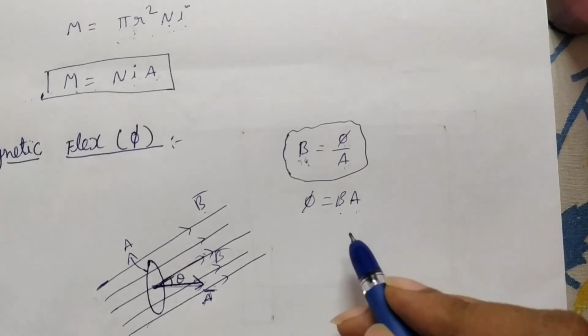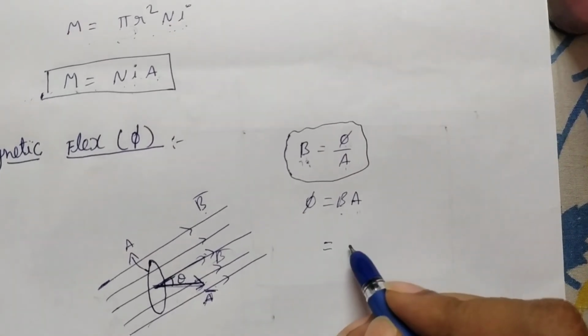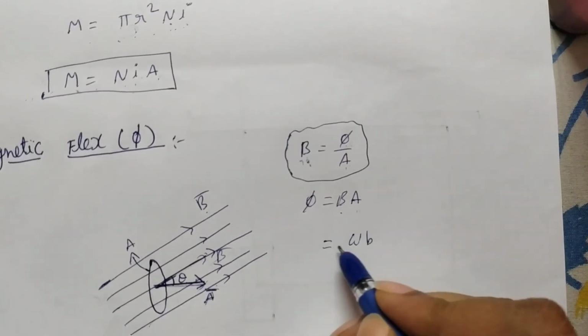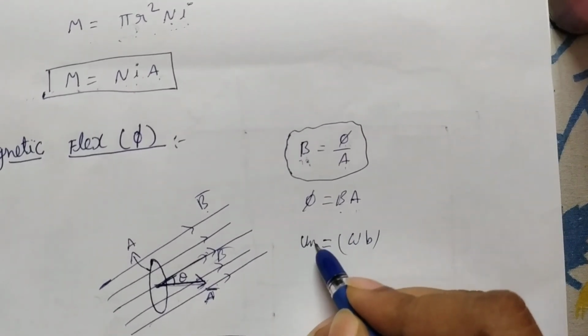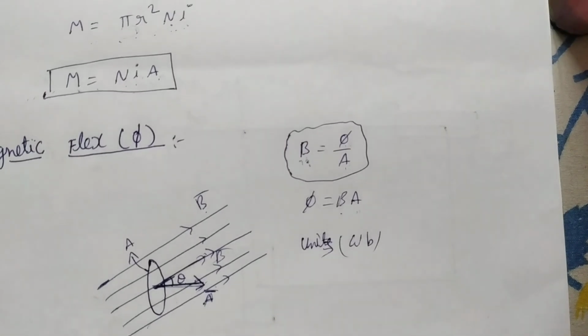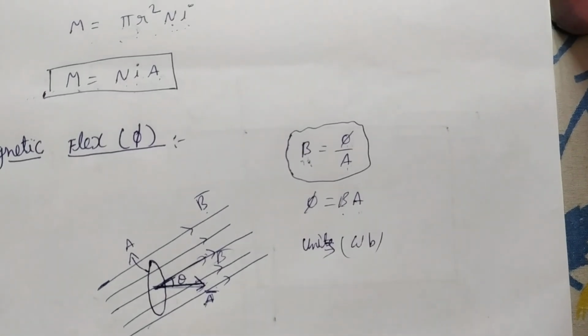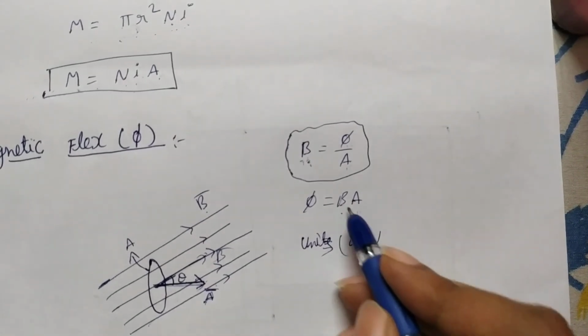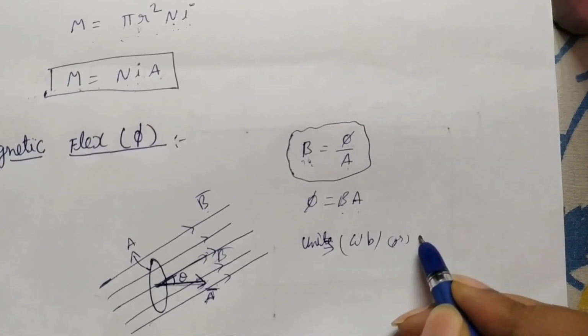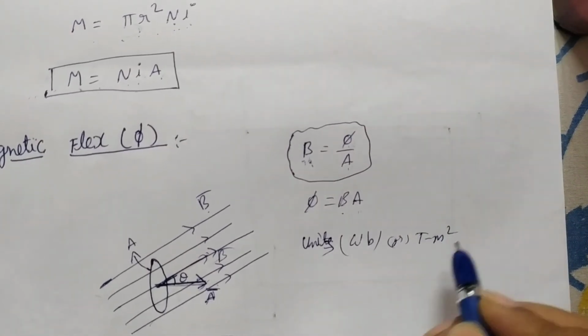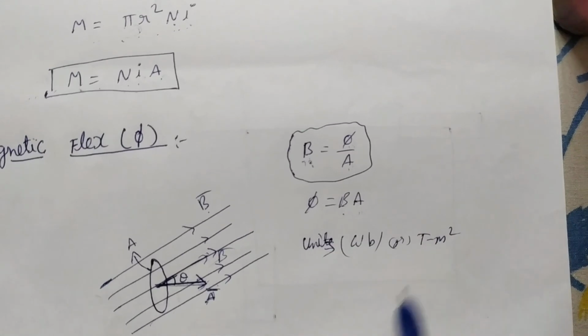And the magnetic flux units are Webers. So we can write B is in Tesla, or Tesla meter square. Area is meter square, Tesla meter square we can write.